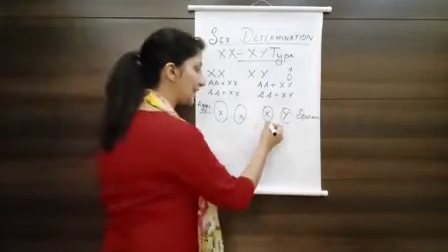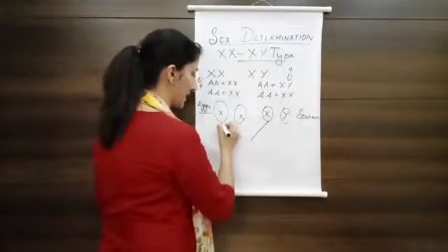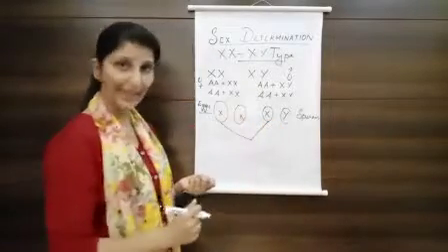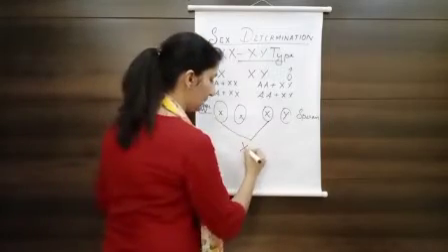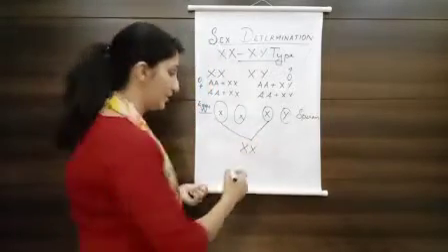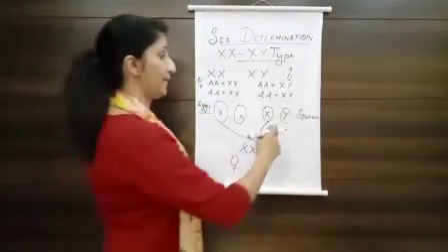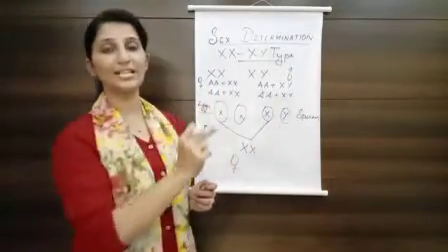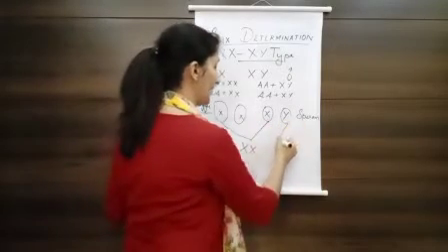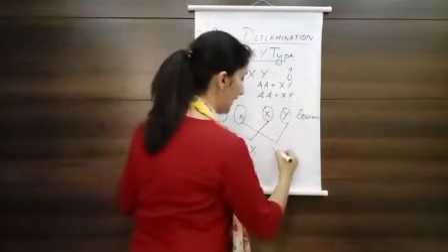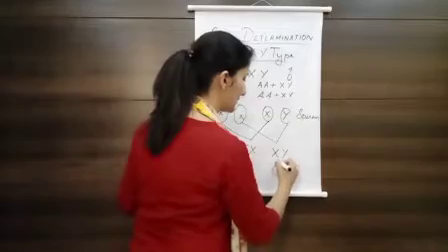So if the X containing sperm fertilizes the egg, it results in a female. Is it clear? Whereas if the Y containing sperm fertilizes the egg, it results in the XY condition, that is nothing but a male.